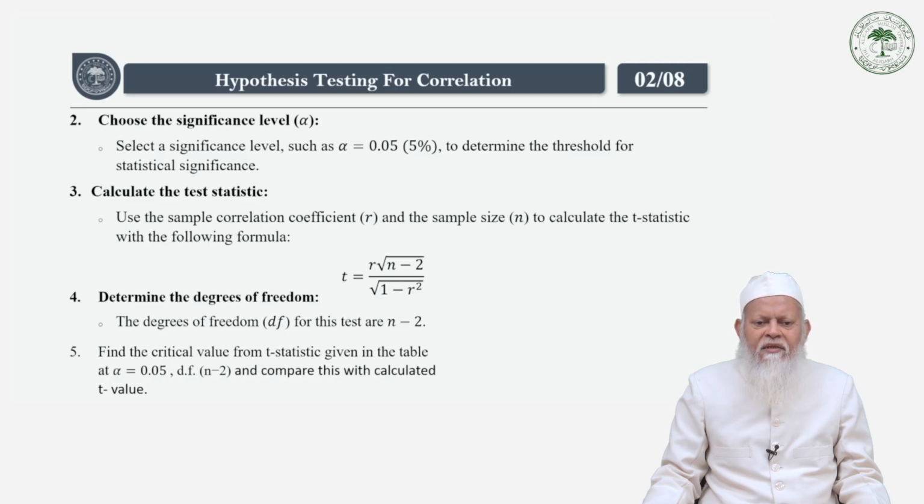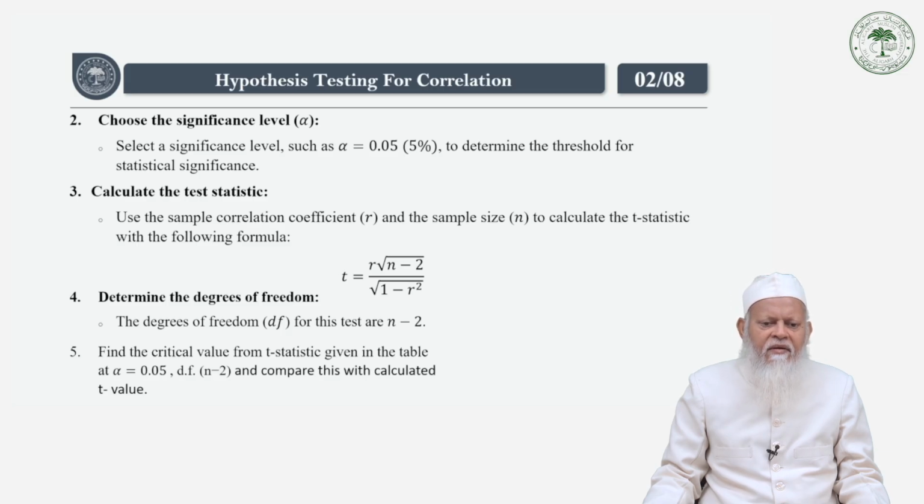Then we calculate the test statistic. We use the sample correlation coefficient and the sample size to calculate the t-statistic with the following formula: t equals r times root of n-2, divided by the square root of 1 minus r squared. This was the third step, to calculate the test statistic t.